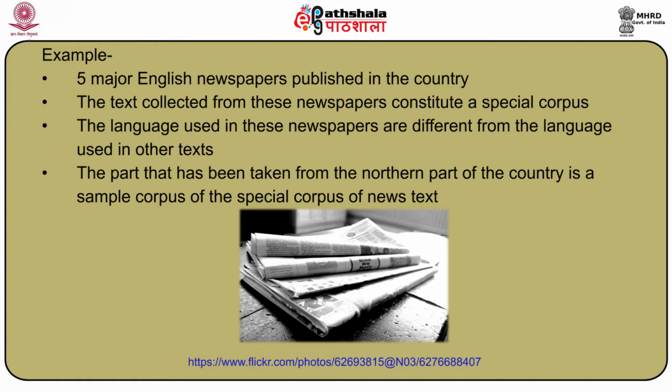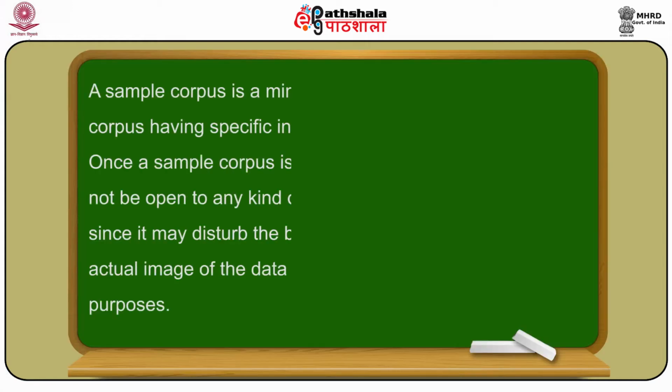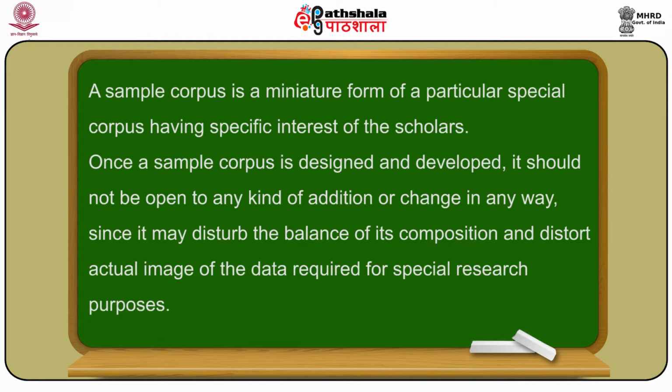But the part which has been taken from, say, the northern part of the country, the texts coming from the newspapers published in the northern part of the country, is actually a sample corpus of the special corpus of news text. So we have 5 different samples of news texts combined together to form a special corpus. So what we say is that a sample corpus is basically a miniature form of a particular special corpus having specific interest of the scholars.